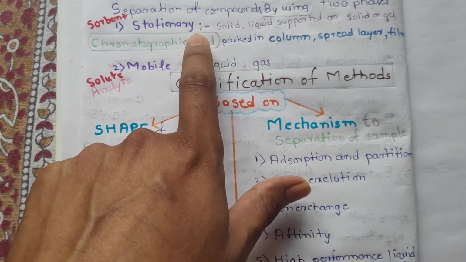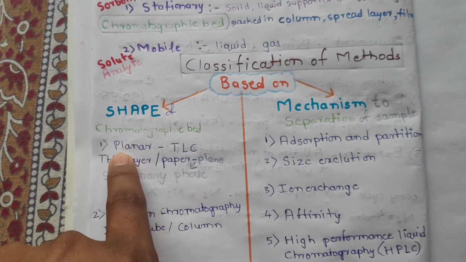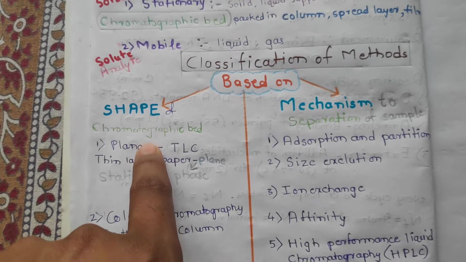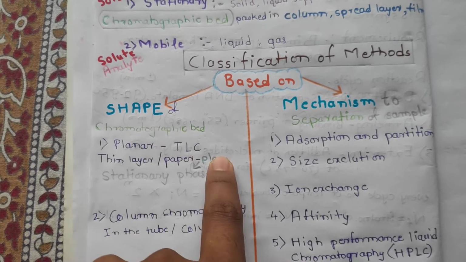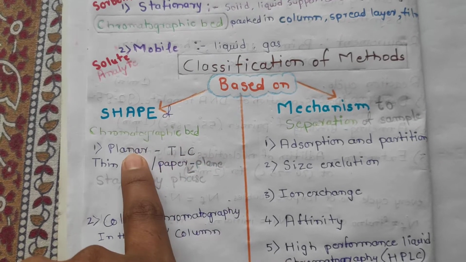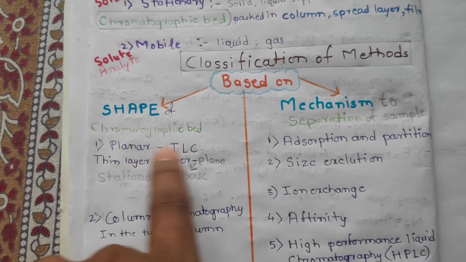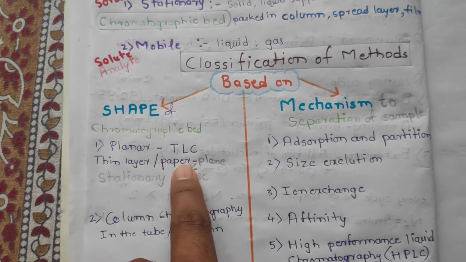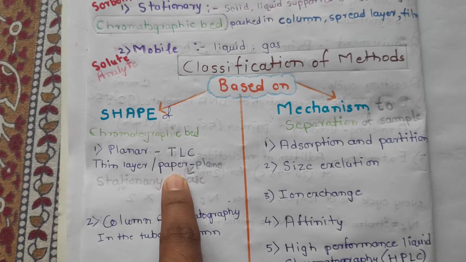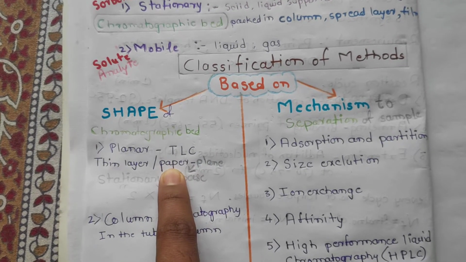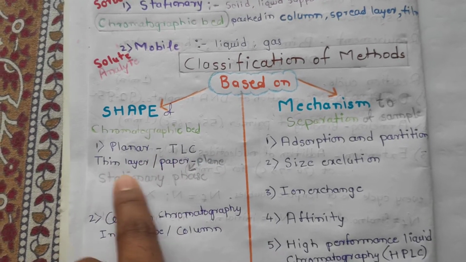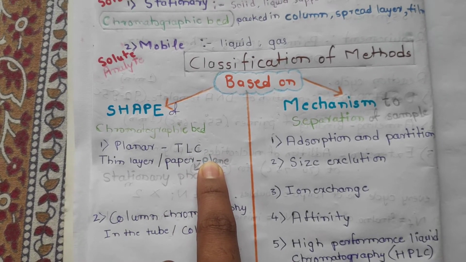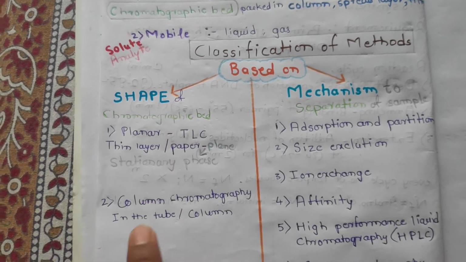In this there is first the planar chromatography. Planar means plane. One example of planar chromatography is TLC, thin layer chromatography, or paper chromatography. In this type, the stationary phase is a plane, so it is called planar chromatography.